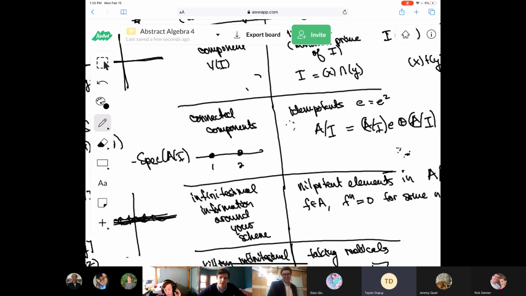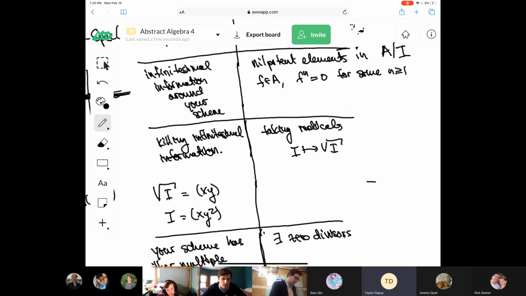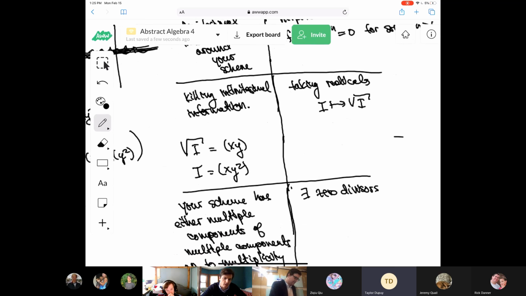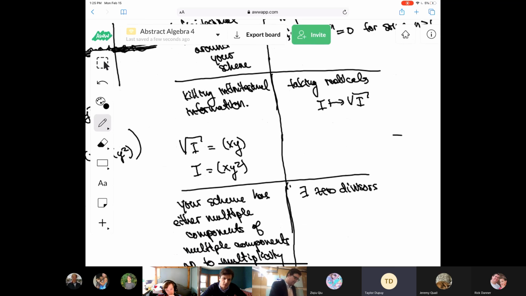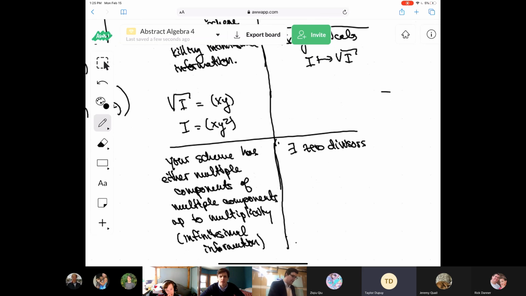Oops, I'm muted. Didn't realize that. This is a piece of language that I'm not entirely used to in mathematics, where we say up to something. Down below, we said that these schemes have multiple components up to multiplicity.